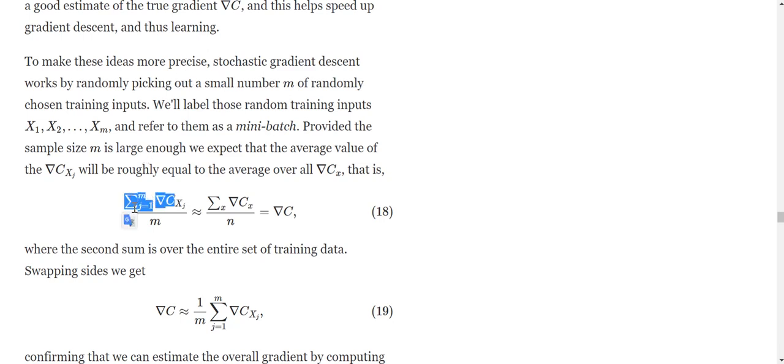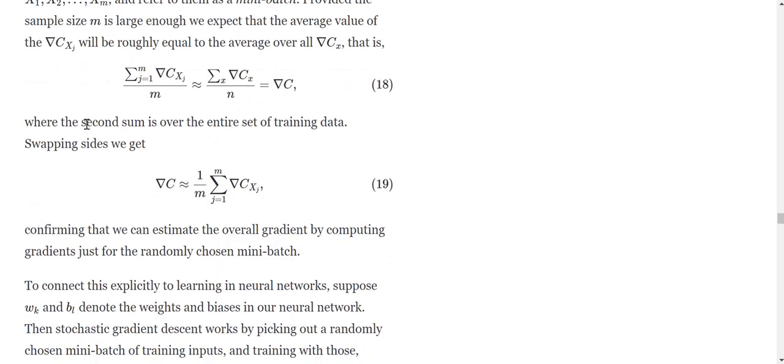So they're trying to say that the average of the gradients over the Xj's should approximate the real average, where the second sum is the sum over the entire training data.